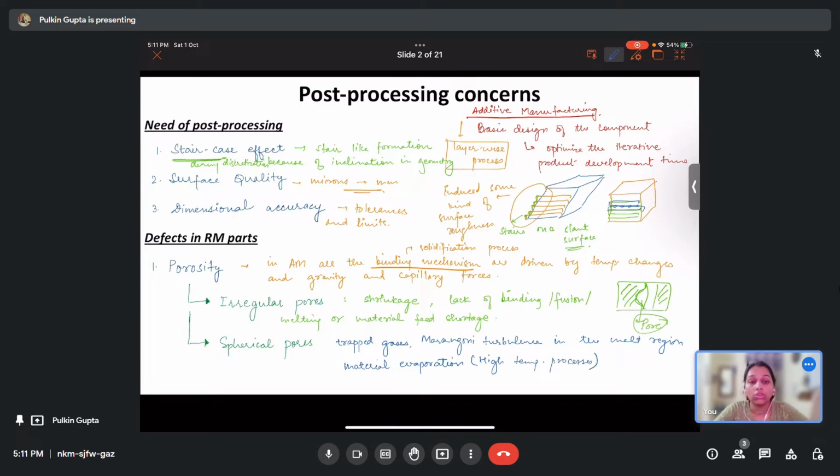So these are some of the factors which cause spherical pores. So we need to control porosity to control the properties of the object.